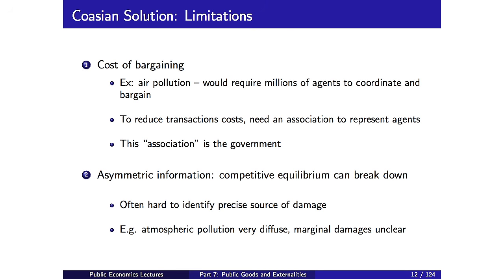People will work that out themselves by literally bargaining, right? That's the Coasian solution. But if you think about the more important externalities like pollution, there are too many people involved who are bearing the costs and potentially getting the benefits from emitting that pollution. And so really, you need millions of agents to coordinate and bargain.